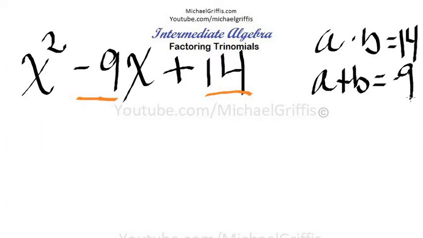Okay, so we have an equation over here, a times b is equal to 14, and another equation, a plus b is equal to negative 9. Well, sometimes this is easy and sometimes it's not. So let's just pick a couple numbers here and see what happens.